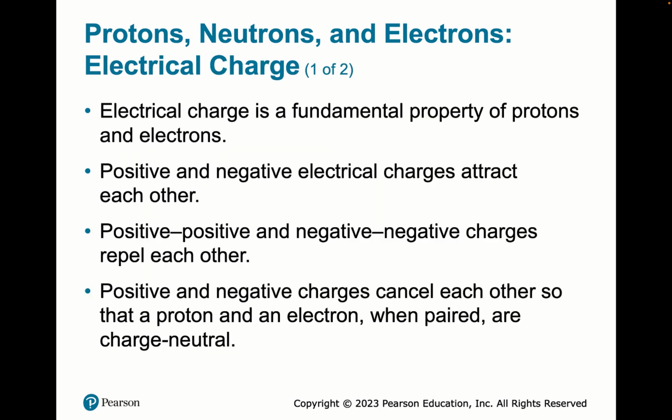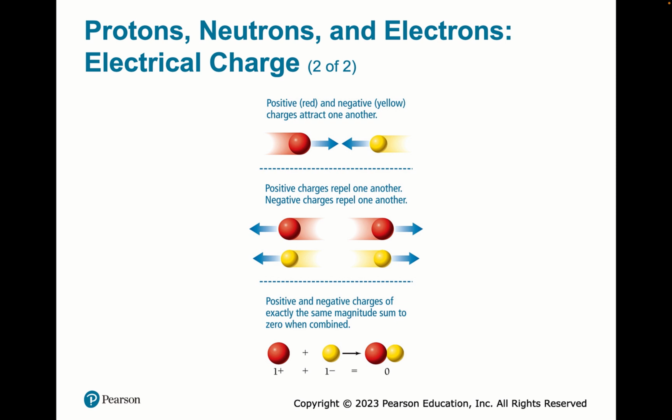And we've already mentioned that. So here it shows that unlike charges attract, like charges repel. But if you sum them together, you get 0. So this is the nature of atoms. Atoms are neutrally charged.